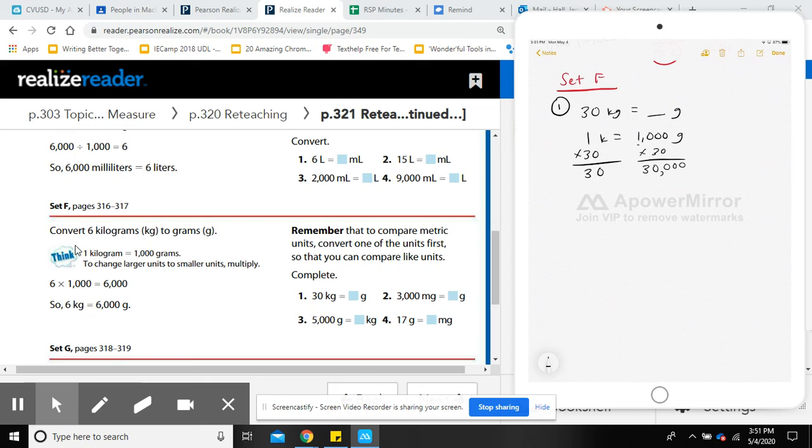Okay, remember the basic fact? 1 times 3 is 3, and I'm adding 1, 2, 3, 4 zeros. So I get 30,000. So 30 kilograms is equal to 30,000 grams.